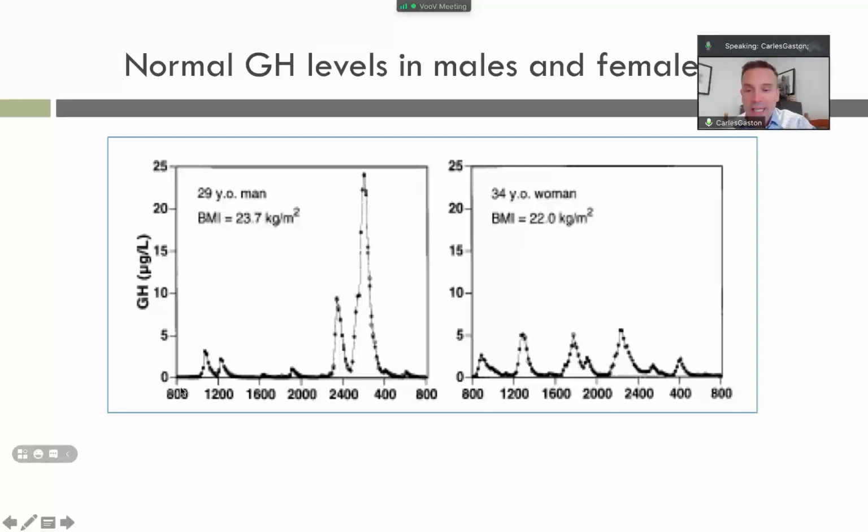What you can see is that there are peaks, and in males there is a very big peak of growth hormone at this time, whereas in females this peak does not exist, right? So there are peaks through the day, but smaller. But in males, early in the morning there is a big increase in growth hormone production.